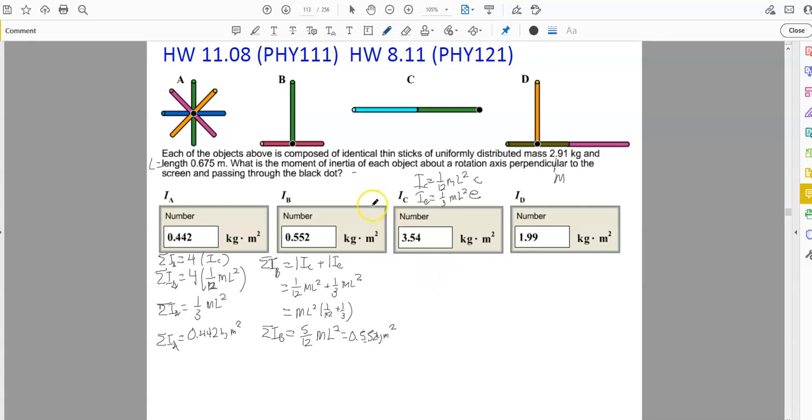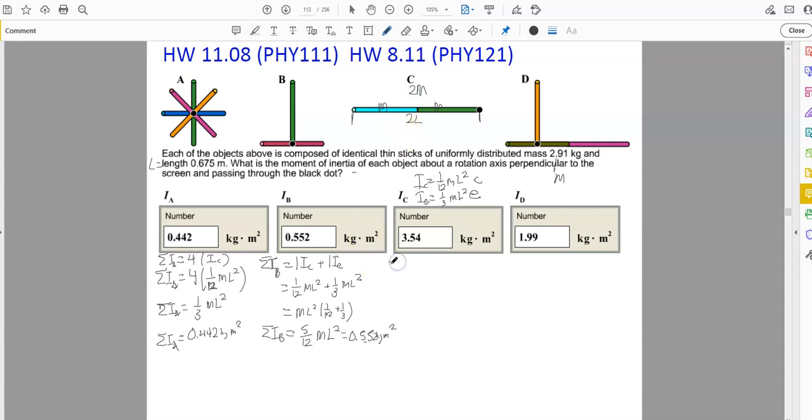This next one is kind of interesting. It looks like one rod that is twice the distance, so we could actually make this problem a little bit easier. It looks like two rods, two L's away, and this is a mass M and this is a mass M, so the total mass is 2m.